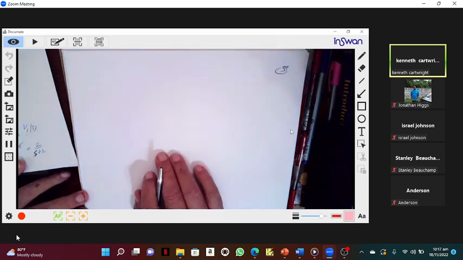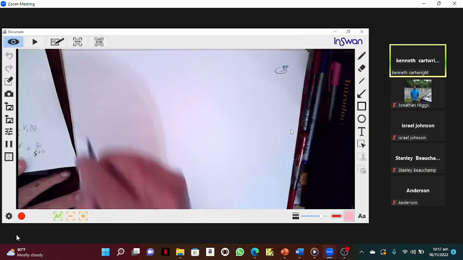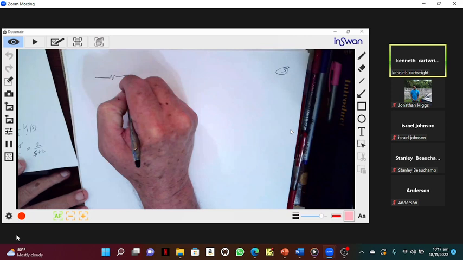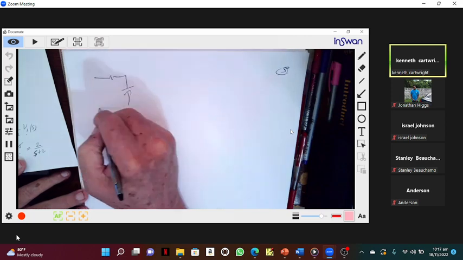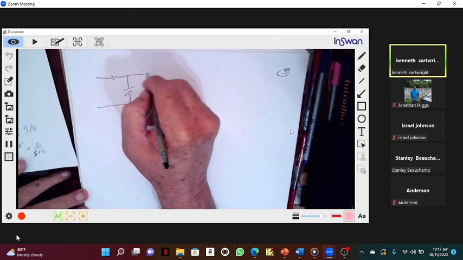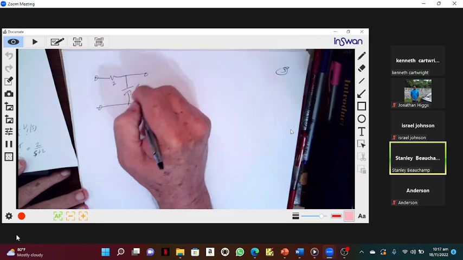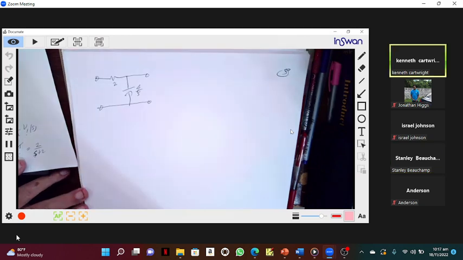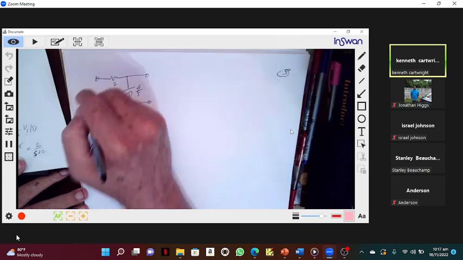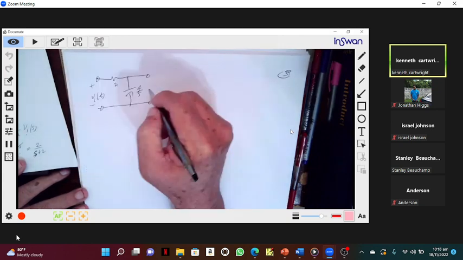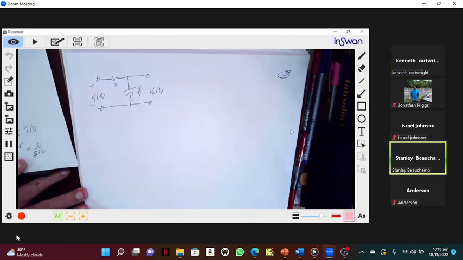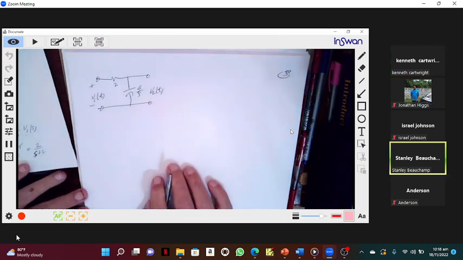Well, you all don't retain anything, do you? That's when the input is an impulse. Impulse response is the output when the input is an impulse.